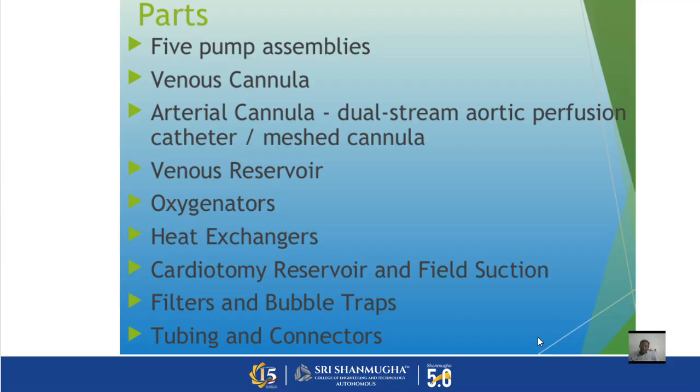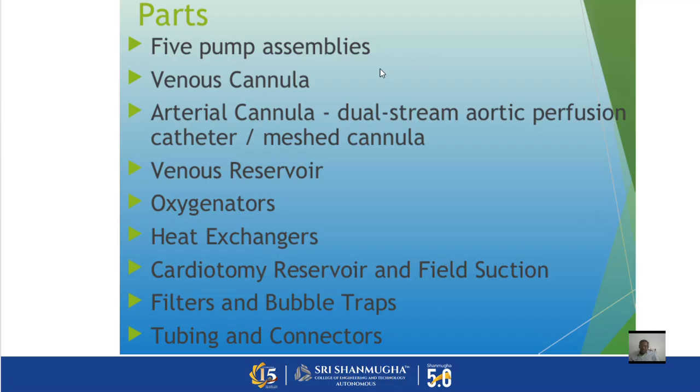In the pump also we have different types, which we will see by and by. Then the artificial lung is nothing but the oxygenator. The blood is sent to the artificial oxygenator, the carbon dioxide is removed and oxygen is supplied. That oxygenated blood is infused again into the body.